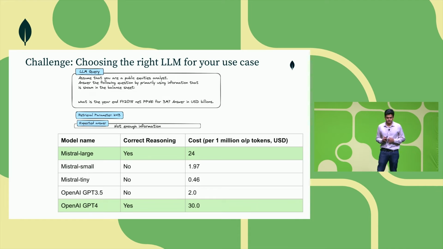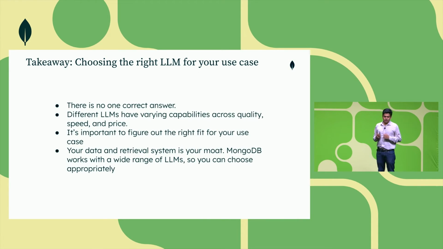That comes into the picture. So just quick takeaways: there's no correct answer. It depends on your use case and how you want to put it together. You have to think of LLM foundational models in terms of capabilities across the quality, the speed of token generation, and the kind of price point that it comes to you. Figure out the right fit for your use case.